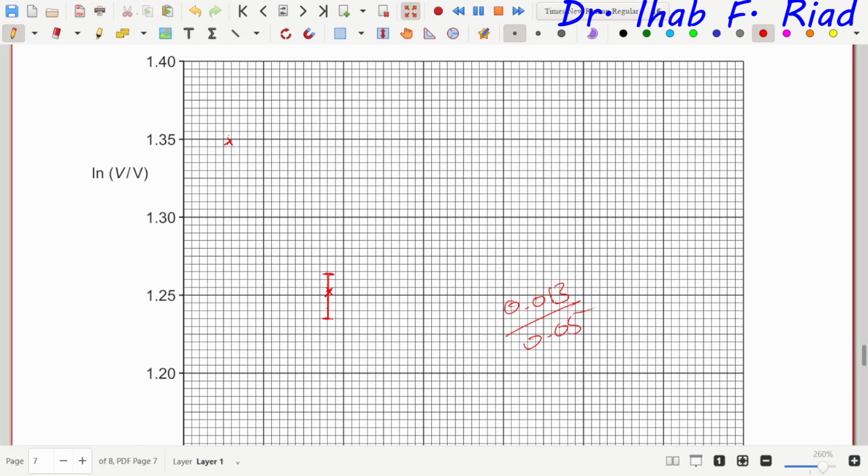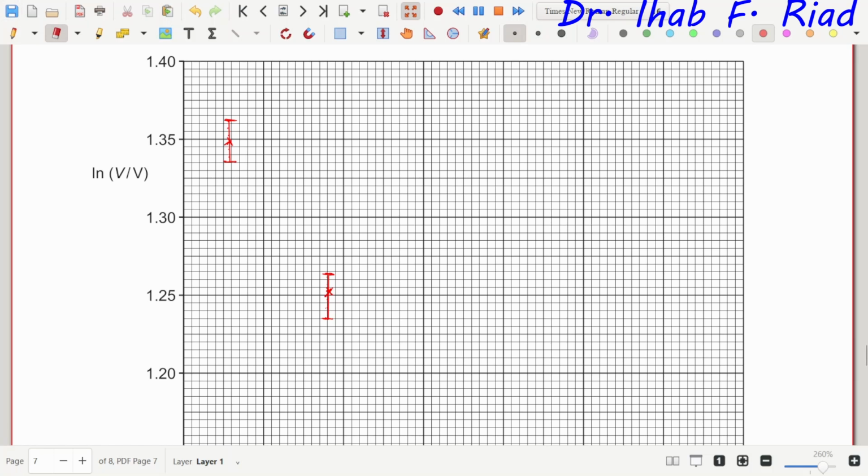This is 1, this is 2, we have a half square, this is around here. And around here. Okay? Hope this is clear for you.